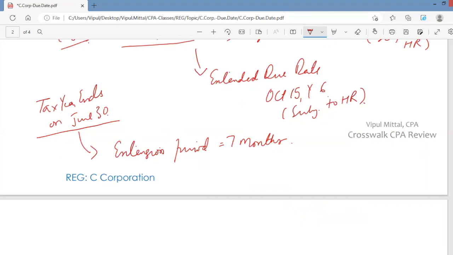For example, if the tax year ends on June 30th, year 5, then the regular due date is September 15th, year 5.